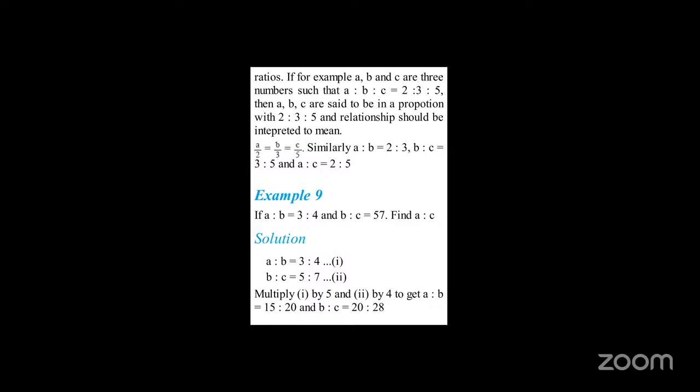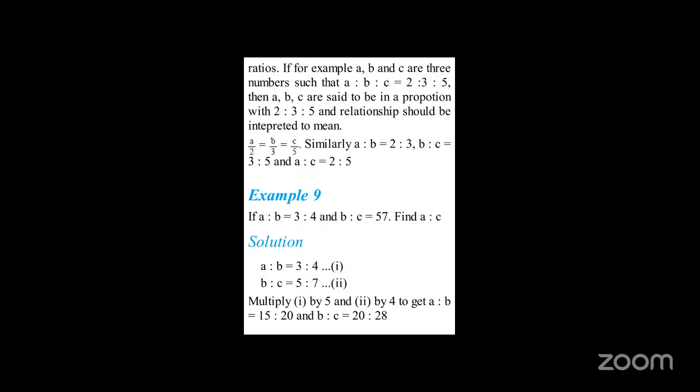For example, you have a ratio A, B, and C, such that these are three numbers, such that A ratio B ratio C is equal to 2 ratio 3 ratio 5, as you can see in this example.